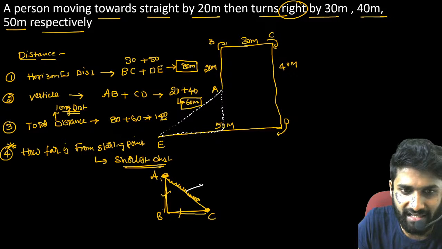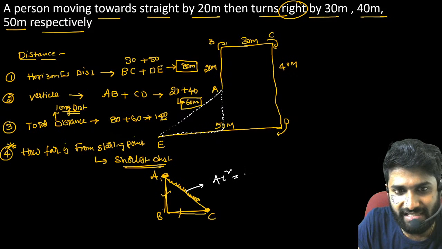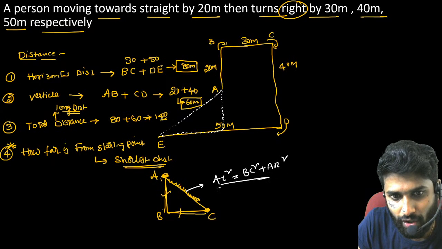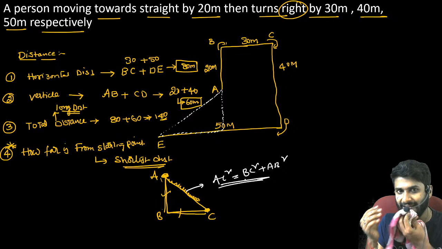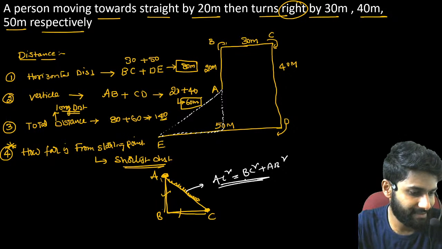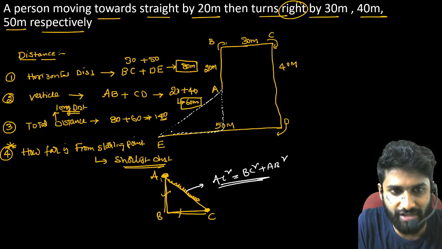So what is the Pythagoras theorem? The rule says that the sum of the squares of the sides, BC square plus AB square, is exactly equal to the hypotenuse square AC square. That's why the shortest distance can be calculated: the square of the shortest distance is exactly equal to side square plus side square.